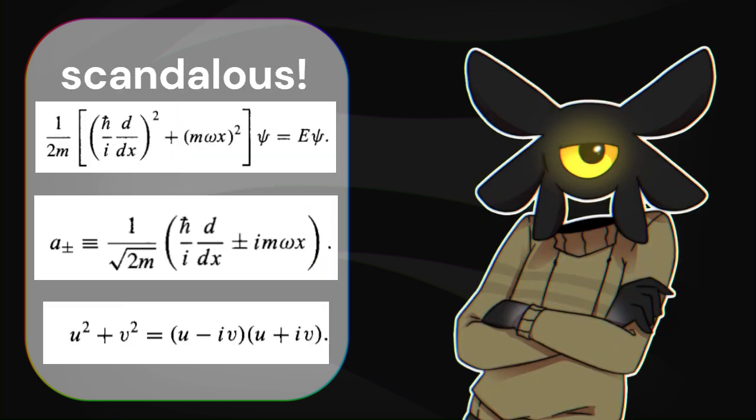To begin with, he rewrites our Schrödinger equation in a quote-unquote more suggestive form, where we have a separate operator in between our mass quantity and our test function psi, and we set that equal to E times psi. The idea here is essentially to factor out the term within our square brackets.